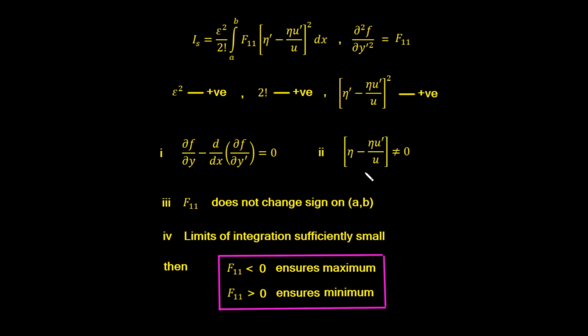So if it doesn't equal 0 and these conditions are met, then we can say that if f11 is less than 0, it would ensure that we have a maximum, and if f11 is greater than 0, it would ensure we have a minimum.